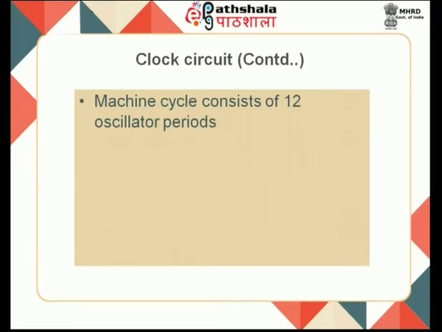What it means is if I want to do one process in a machine, it needs 12 oscillator clock cycles to do that. Each process is done by the system with one machine cycle, and for this 8051 controller, one machine cycle needs 12 oscillator periods.